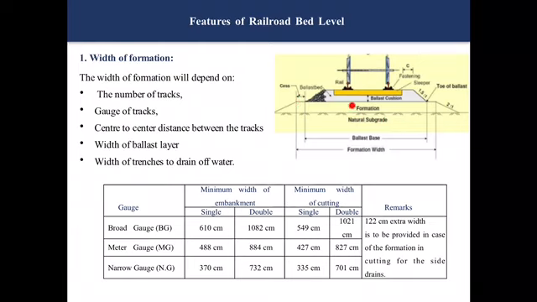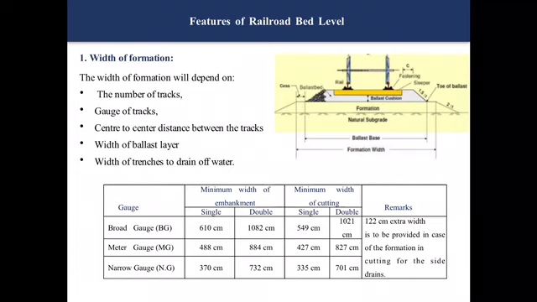Now from this point to this point, we call it the formation width. This formation width depends upon various parameters, including the number of tracks. The more tracks, the more formation width is required. It also depends on the gauge adopted; usually the broad gauge is wider and requires more formation width.